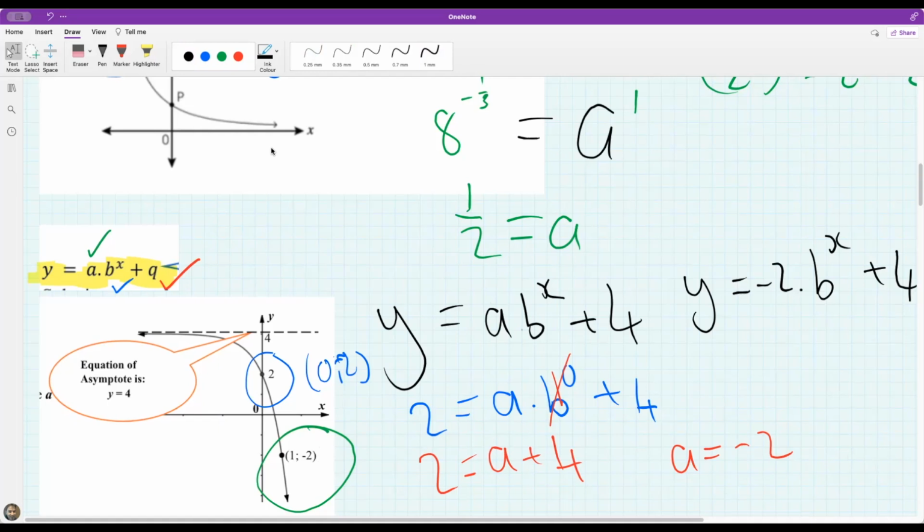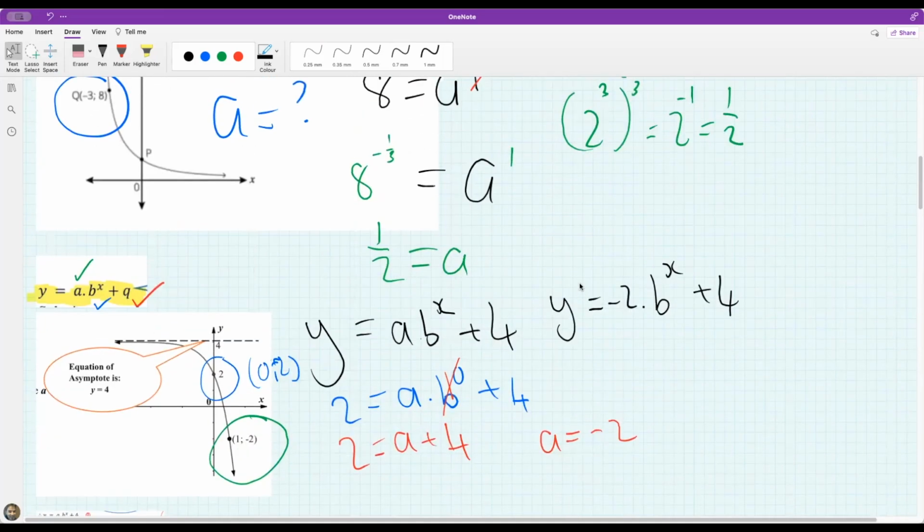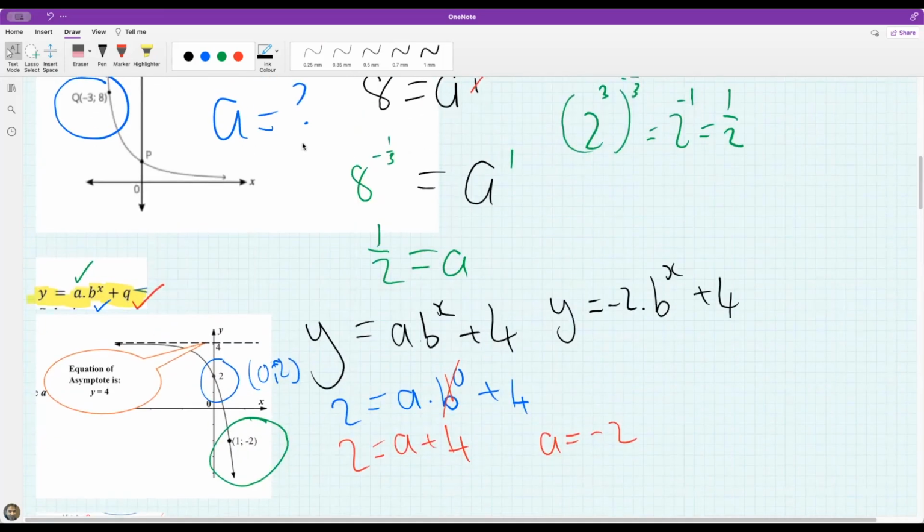You can't use the same point twice. No, you can't. Unfortunately, once you've used it once, all the good stuff in that question you've used up. It's almost like you can't get any new information because you've already used it. So what we're going to do is take the point (1, -2). And we must be careful here because it's easy to put stuff in the wrong place. If I put minus 2 as the y value, there was already a minus 2 here. Then I go b to the 1, and then I go plus 4.